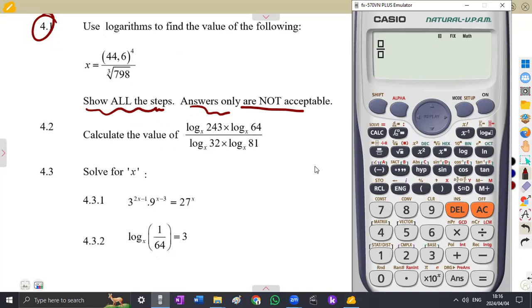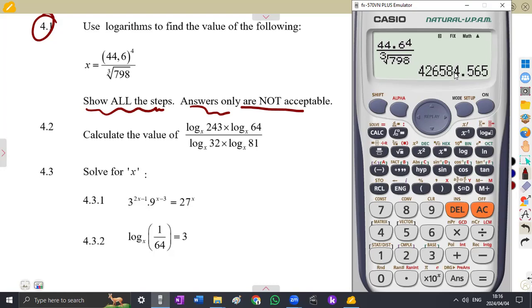X is equal to 44,6 to the exponent of 4, over, we are going to divide by the cube root, that is shift the cube root, of 798. So this is the whole value that you're going to have.